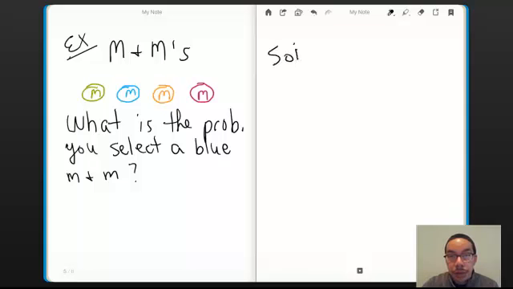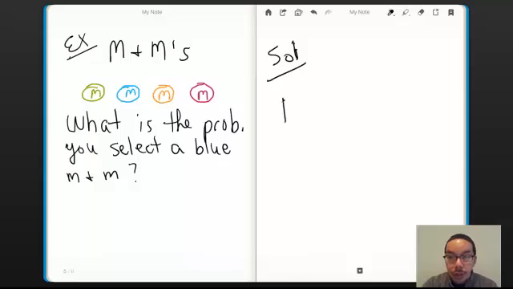So here we have a solution. In our solution, we're going to decide whether to use one of the two equations that we had at the beginning. We could have chosen from the empirical formula or the classical formula. In this case, where you have the M&Ms in a bag, this includes equally likely outcomes. With that being said, we're going to use the classical approach.